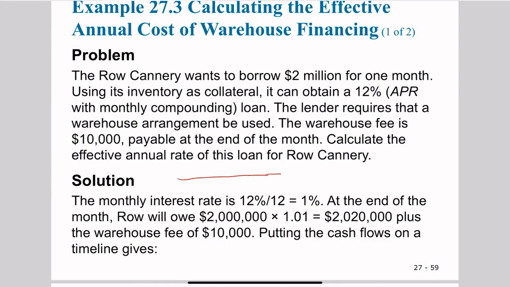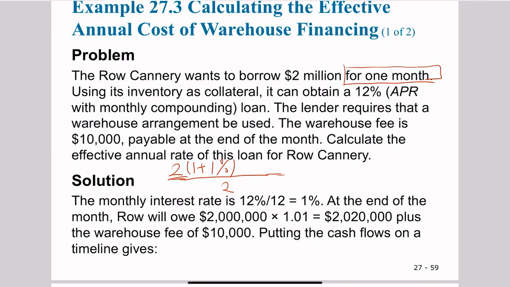The firm gets $2 million and it will borrow for 1 month. So at the end of the month, it will need to pay 2 times 1 plus interest rate, because we know we have 12% APR and we have monthly compounding.